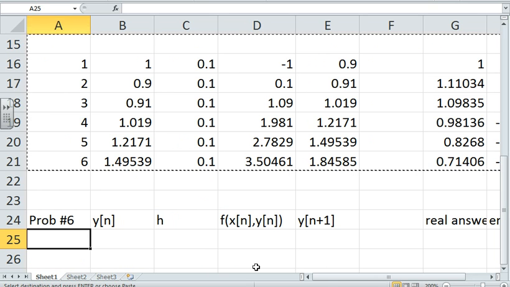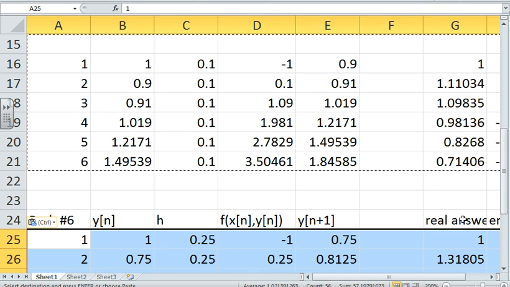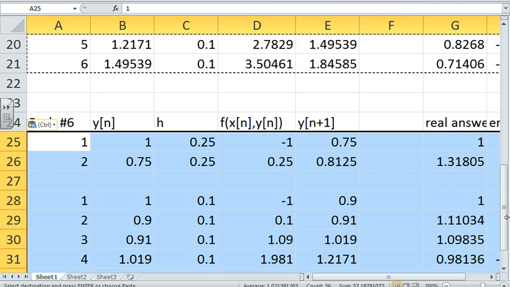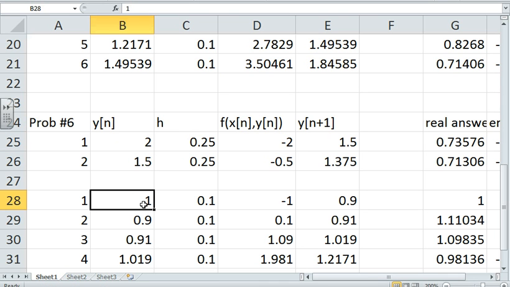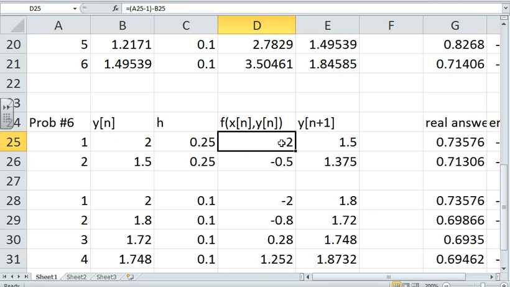Alright, so problem number 6. My initial condition is 2, so I put a 2 here, and I put a 2 there. I'm doing the same values of h, a quarter and a tenth. My function is minus 2xy.